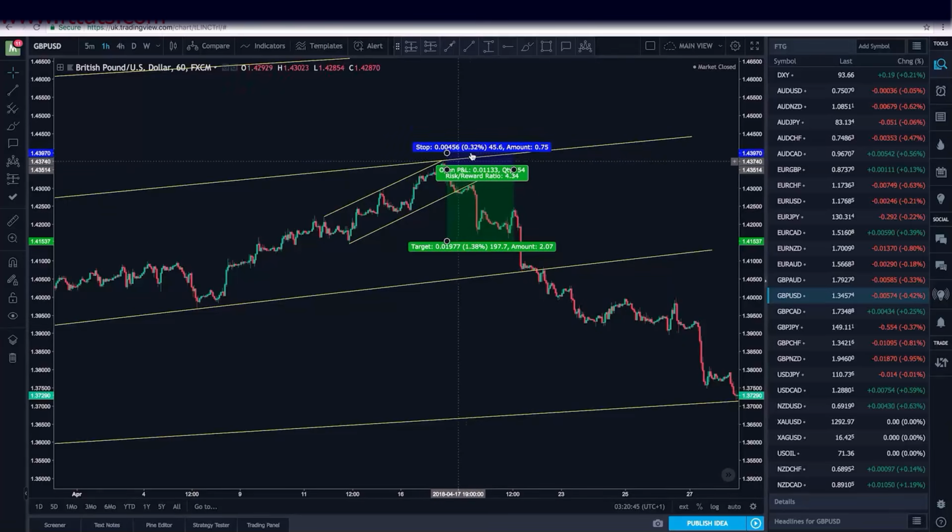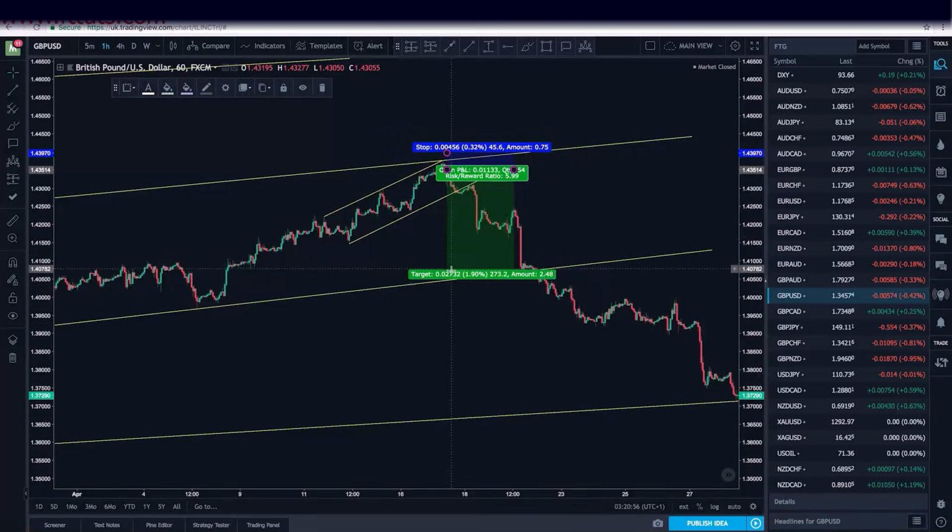As you can see, this side is our stop loss. The green side is our target. This is where we're actually entering the position in the middle here. Notice how you can see the risk to reward ratio. If I drag this down for my target, you can see that risk to reward increasing. So we've gone from a 4.35 to 1 to potentially a 6.44 to 1. As you can see, very self-explanatory.